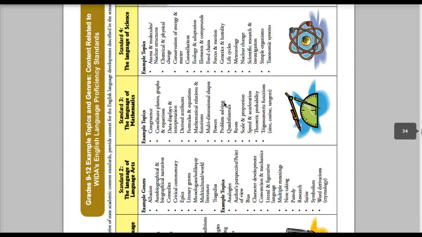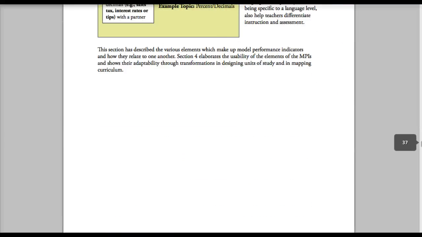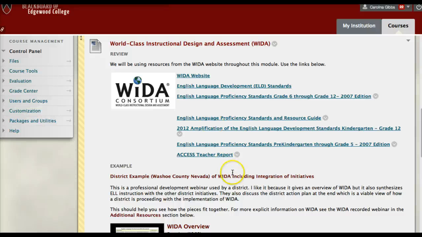So I hope you take some time to look through these, and I think that it will get you on your way. The other thing here is the 2012 amplification.